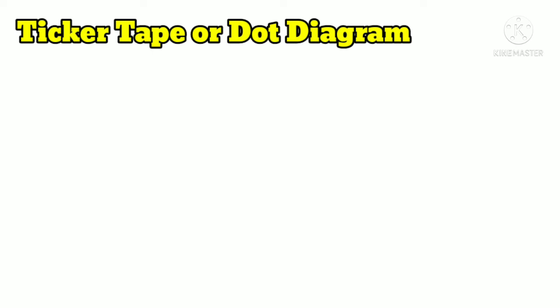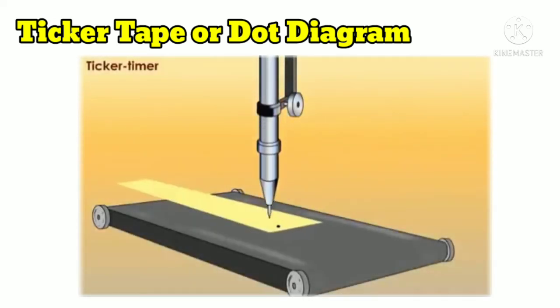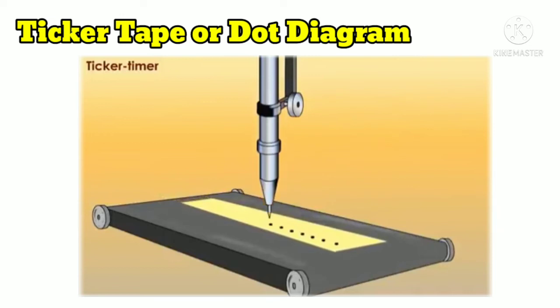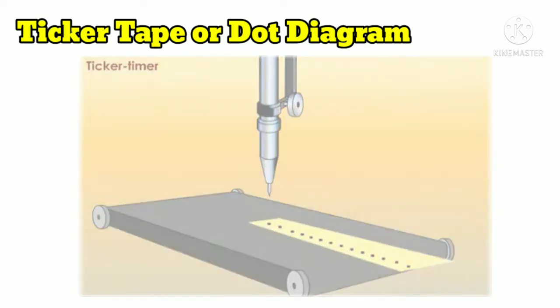Another way of describing motion is by a ticker tape diagram or dot diagram. This is where a long tape is attached to an object that is moving. The tape is threaded through a device that puts a tick or an impression on the tape at a regular time interval. This leaves a line of dots on the tape recording the object's motion.